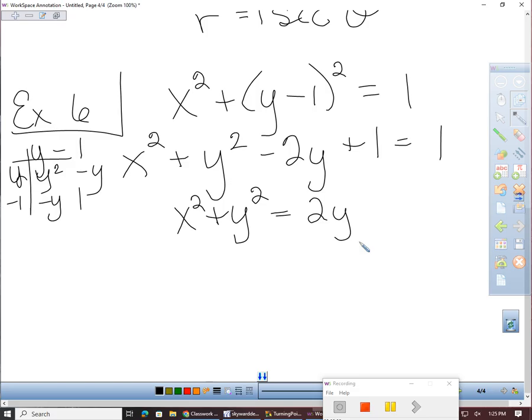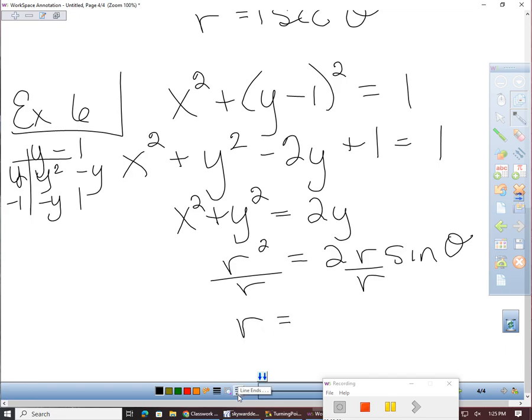So now we're going to change out our x squared plus y squared for r squared, and we're going to change our y out for r sine theta. And what's the last thing we have to do? Yep, we've got to divide both sides by r. On this side, we're left with r equals 2 sine theta, which means it's polar, right?